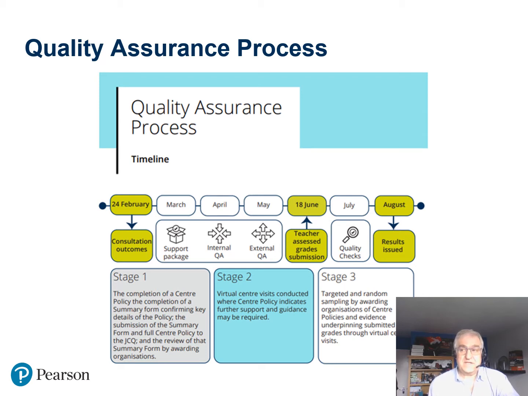After the 18th of June, there will be some sampling to see if the centre policy has been followed and if the evidence provided is in line with the grades submitted. There is more information in the Ofqual blog last week on how the sampling will work, and there will be more details on how that will work after the 18th of June.